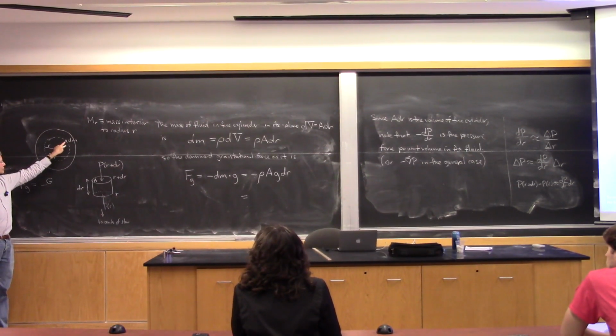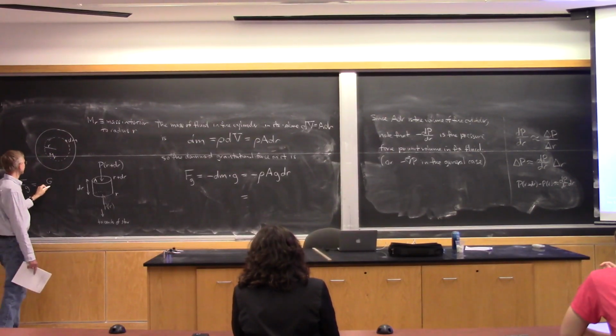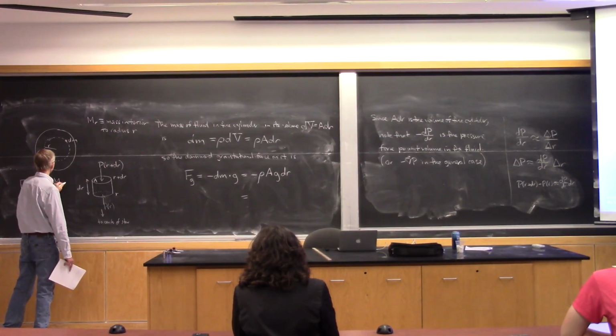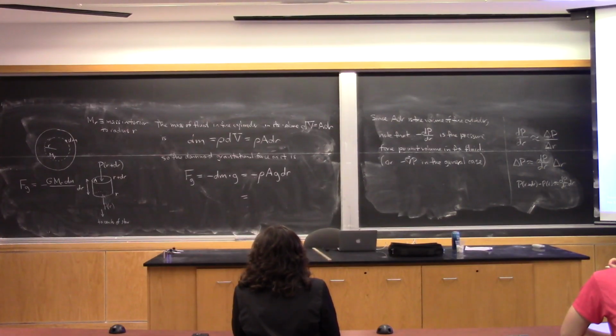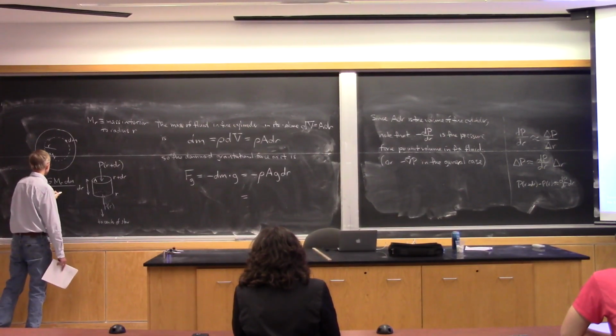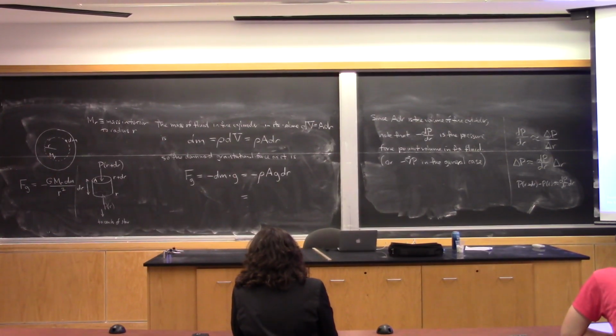M sub r is attracting dm towards the center gravitationally, so it's minus G M sub r times dm divided by r squared, where r is your distance from the center. So the gravitational force on our little cylinder is minus G M sub r dm over r squared.